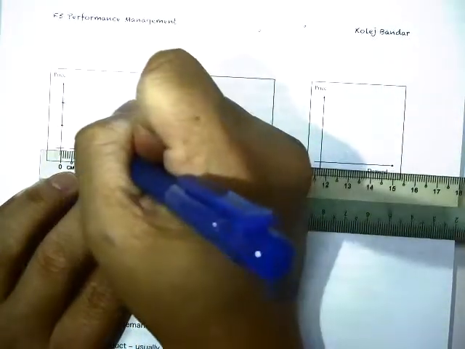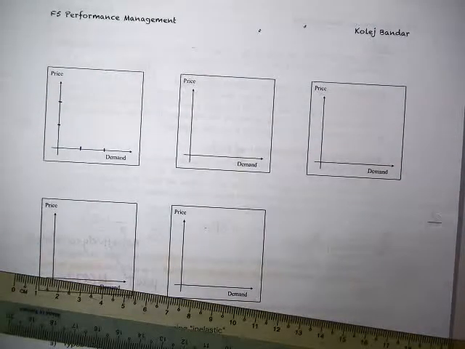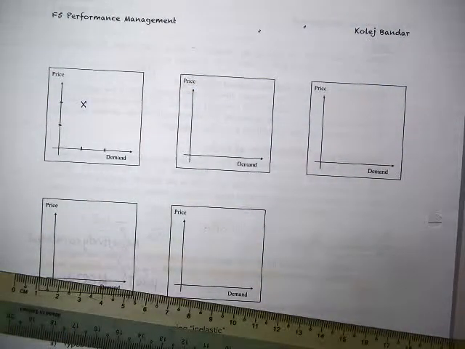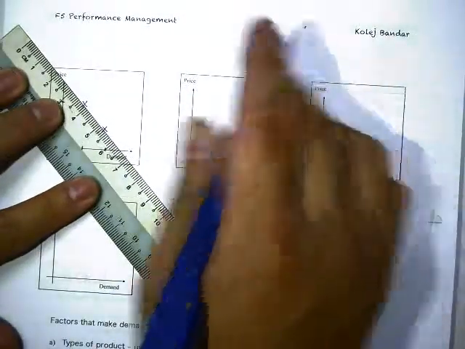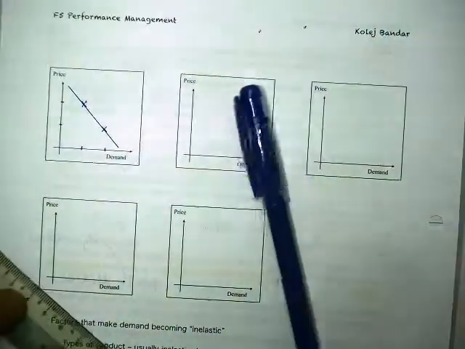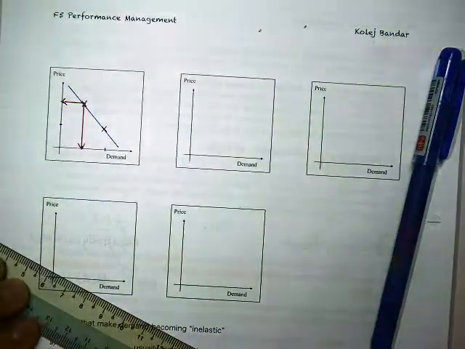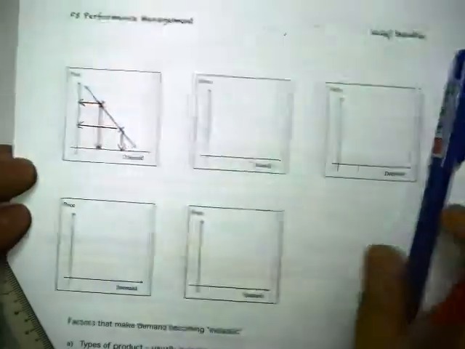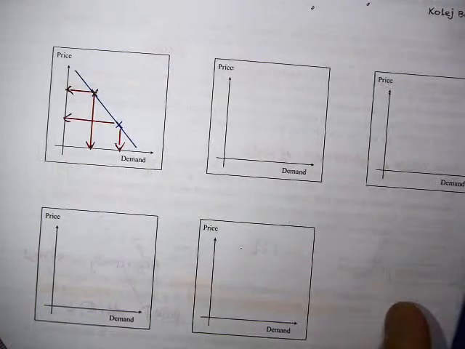Now, let's say when the price is here, the demand is here. When the price drops, demand increases. Now, so you've got a line like that. So you see, at this price, this is the demand. And at this price, this is the demand. Okay.